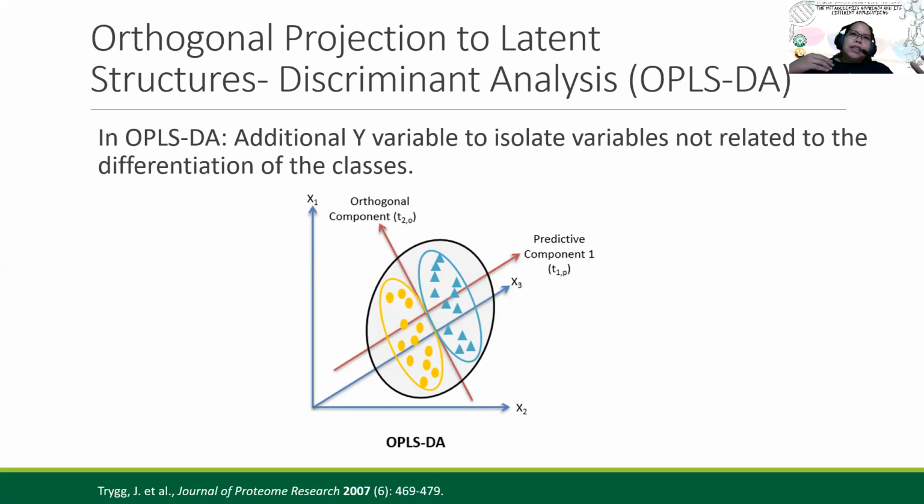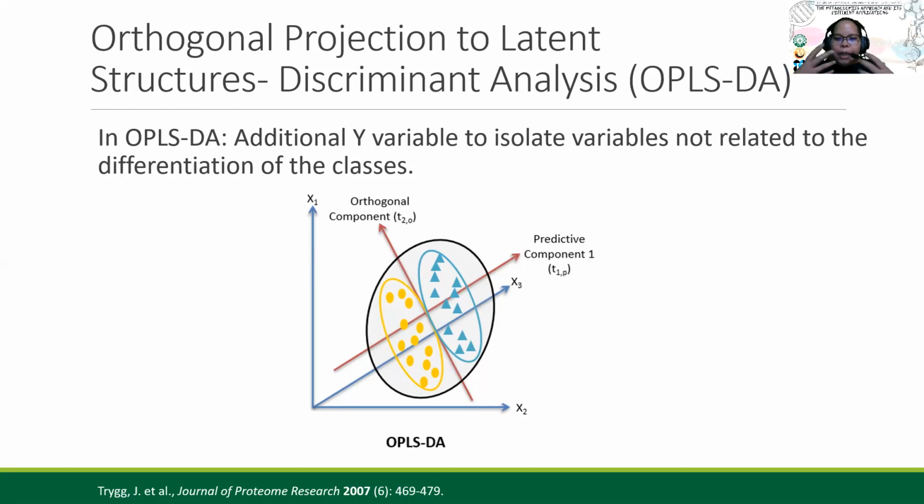So kumbaga, sa PLS-DA, it just tries to separate your classes as much as possible, regardless of whether the variables involved are related or not to your class information. Sa orthogonal projection, medyo mas nililinis niya.